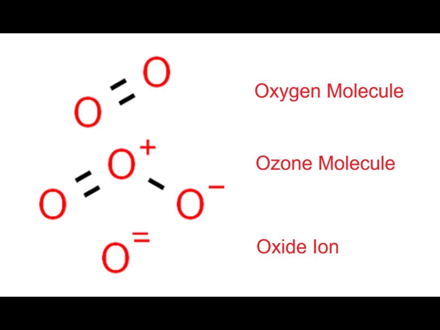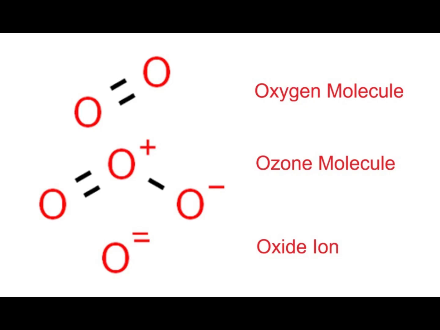An oxygen molecule is two atoms of oxygen double bonded to each other, as shown in the top of this graphic. When an additional oxygen atom is bonded to that molecule, then the molecule becomes something called ozone.